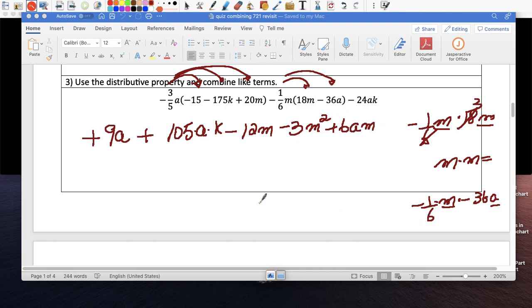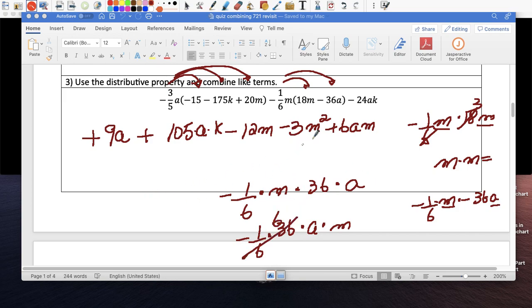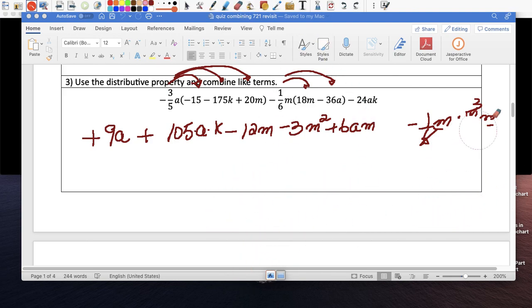Again, remember, we're multiplying negative 1/6 times m times 36 times a. You can move these around. So I'm going to write negative 1/6 times 36 times a times m, just moving it around. This was simplified, we got 6, and that explains that 6. And a times m is just am. And then finally, minus 24ak.